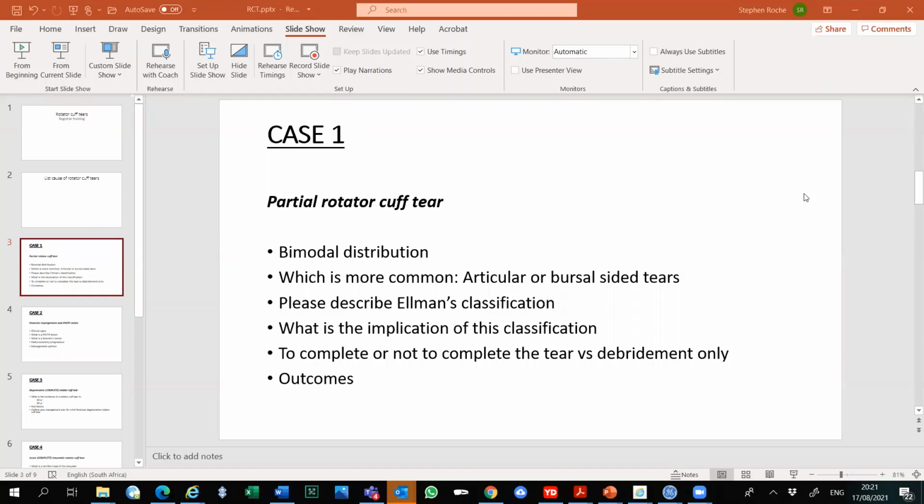If you have a partial thickness cuff tear, what's the healing rate in the older population? Who can answer that? Who's HP? Yes, Prof. Oh, that's you, Ahmad.